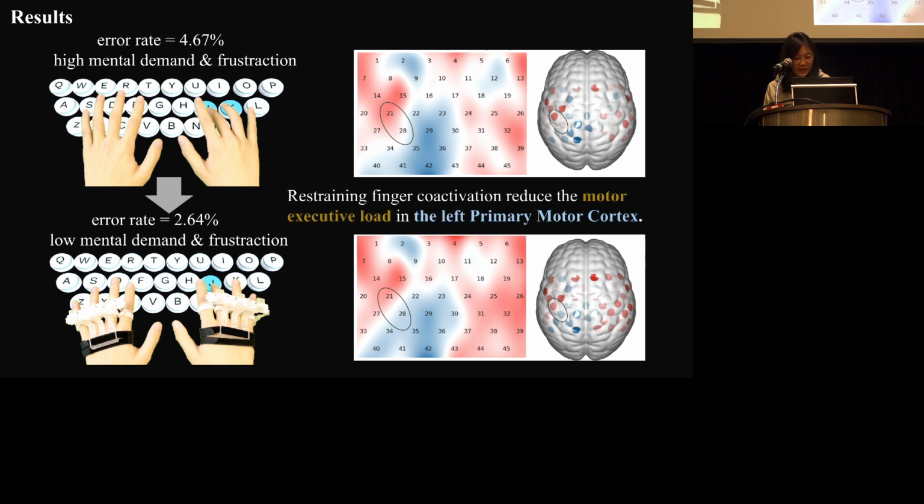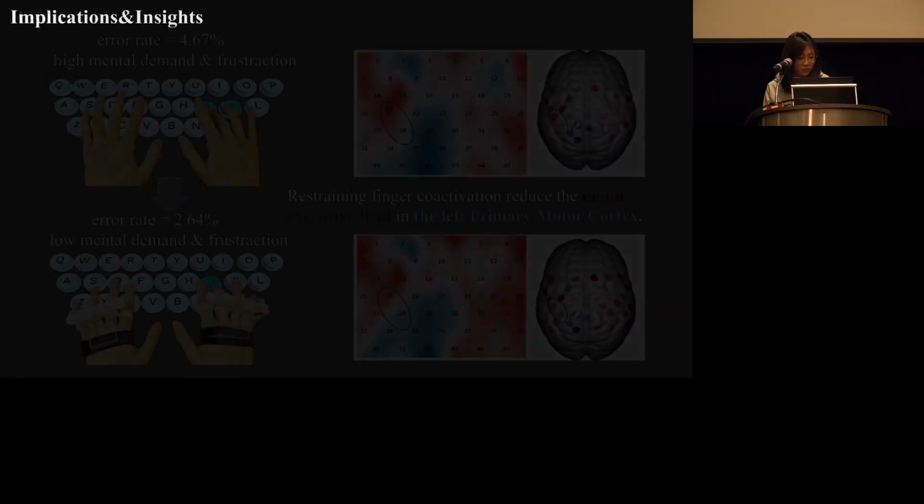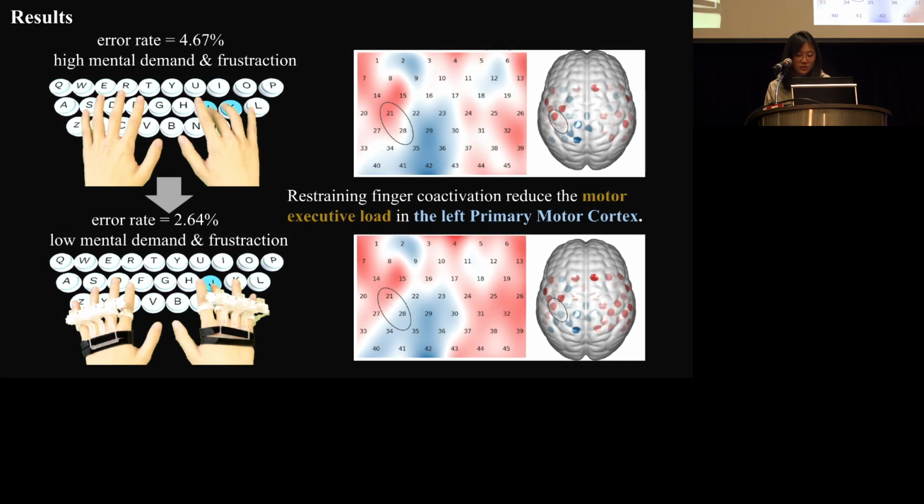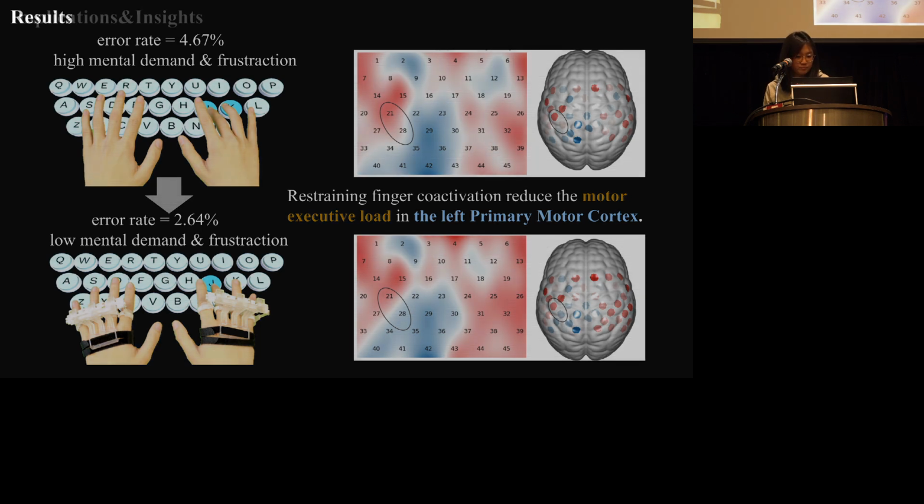This suggests that the conserved neural resources might be redirected toward managing other finger actions and cognitive functions, enhancing input performance and better user experience.